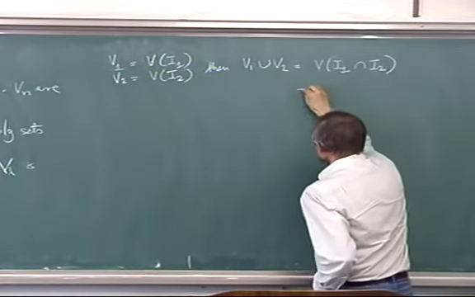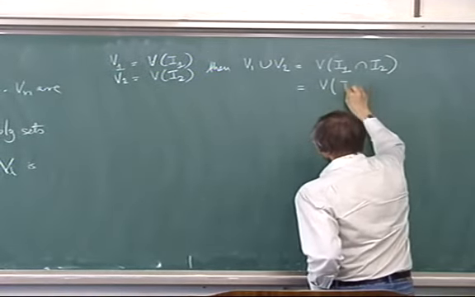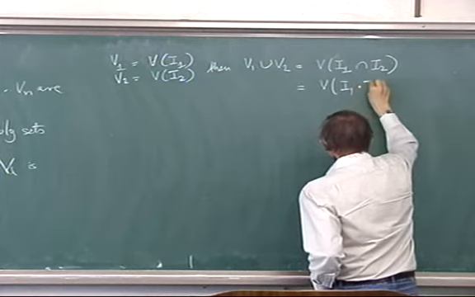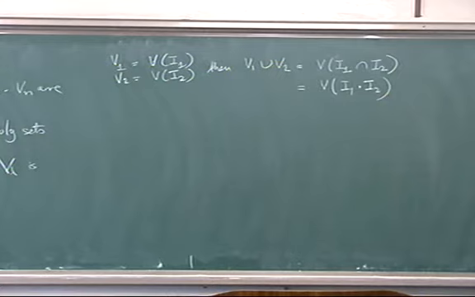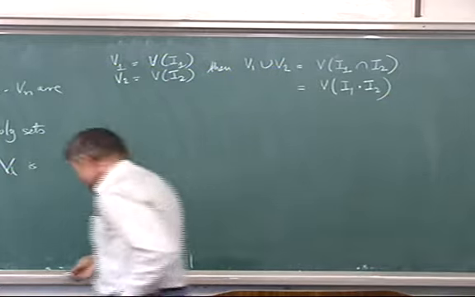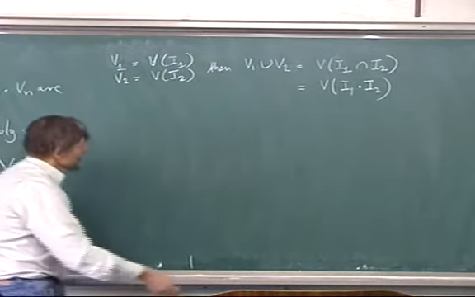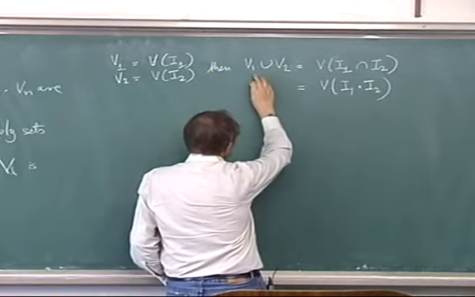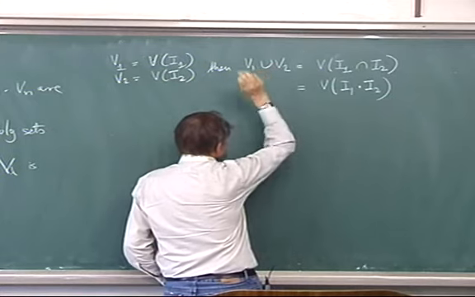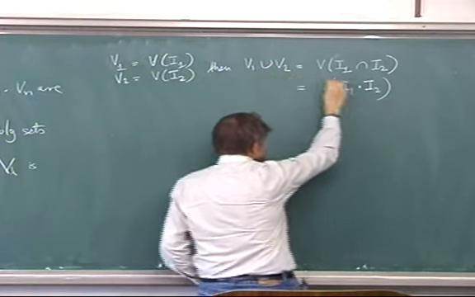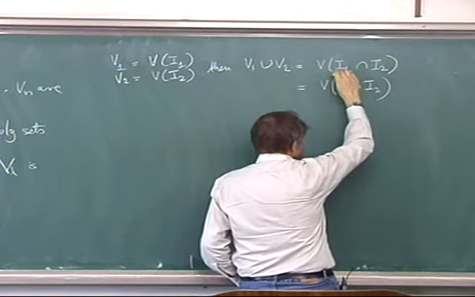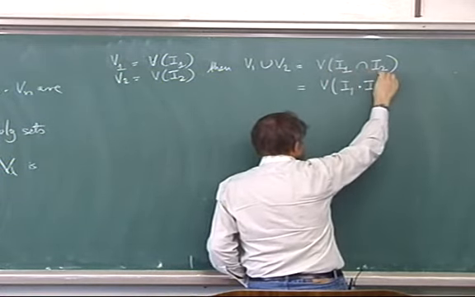Okay, and that's the same thing as V of I1 times I2. These are trivial things, but we still have to think about why they're true. If I take a point which is either in V1 or in V2, then everything in this intersection vanishes on it.